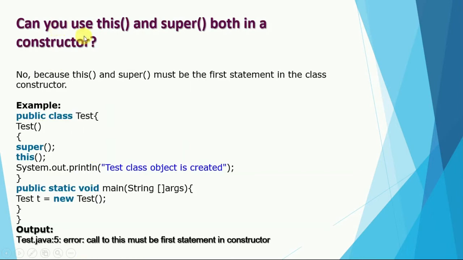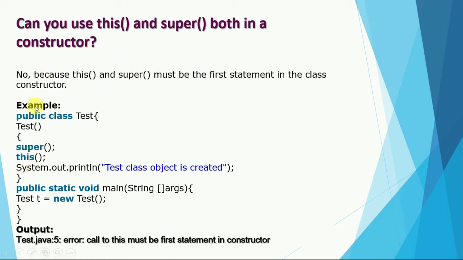Can you use this and super both in a constructor? No, because this and super must be the first statement in the constructor. If we use this, we need to use it as the first statement, and the same for super. So we can't use both this and super in our class constructor.